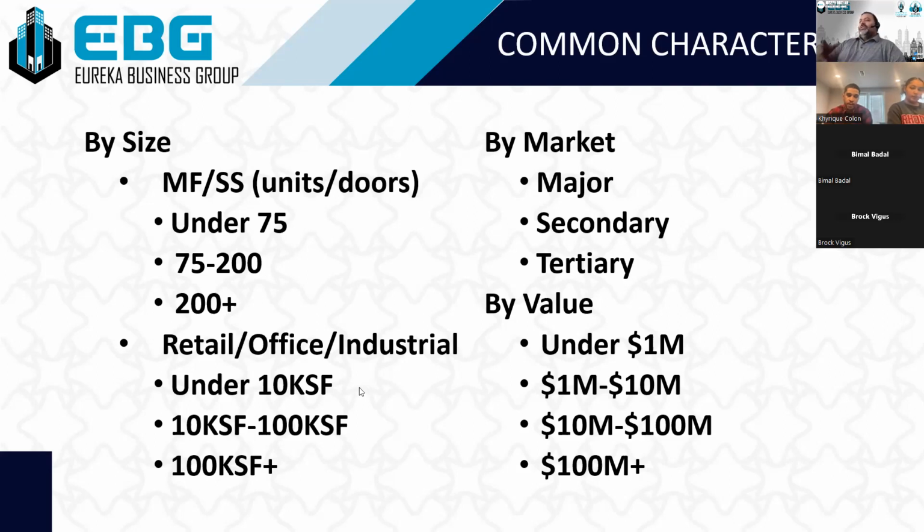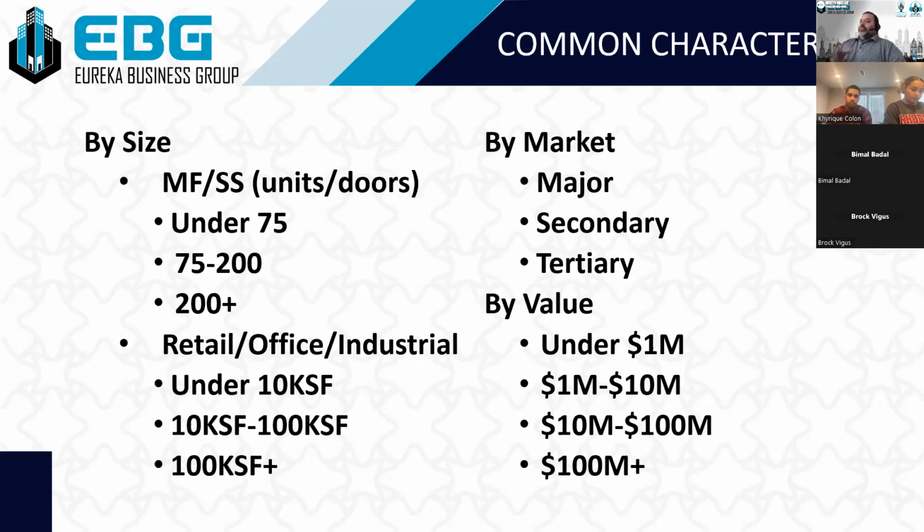And the reason I mention those is because you will sometimes see categories either on a website or in the way a broker identifies themselves. I only work with 75 and under, or I only work with 200 plus units.